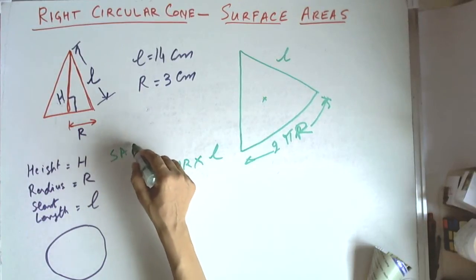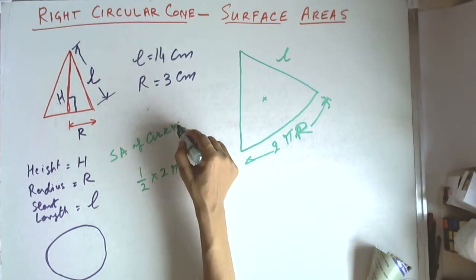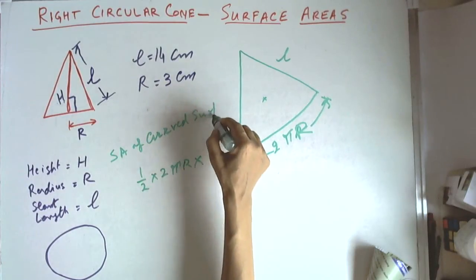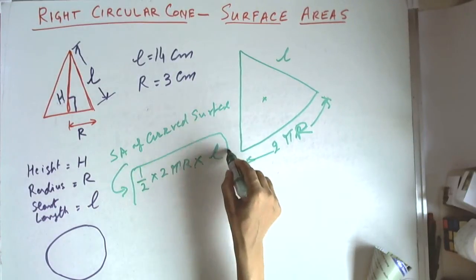Surface area of the curved surface of the cone is equal to this much.